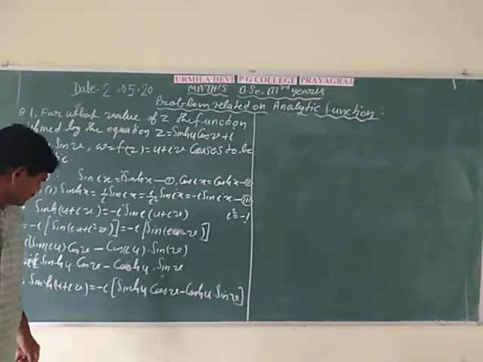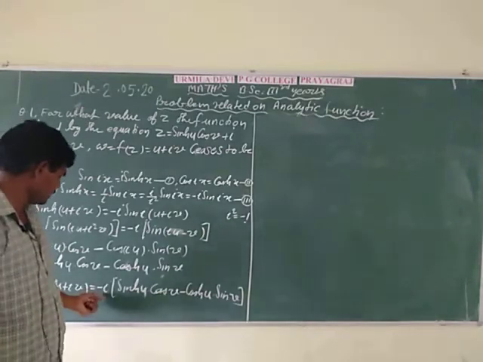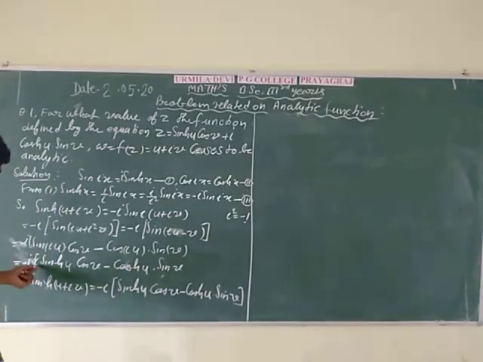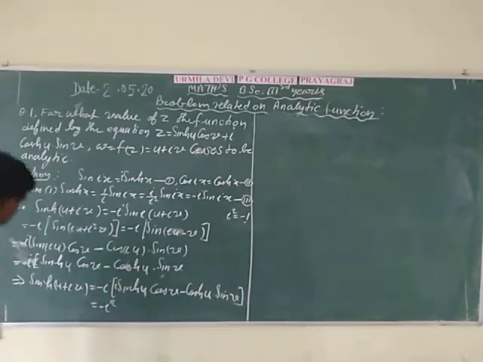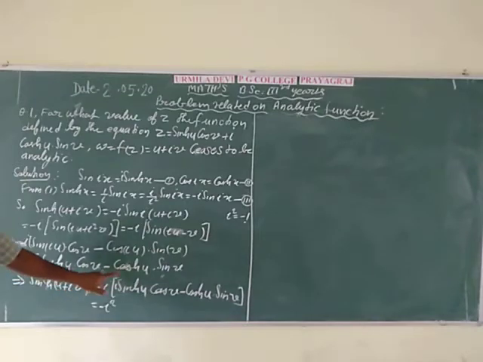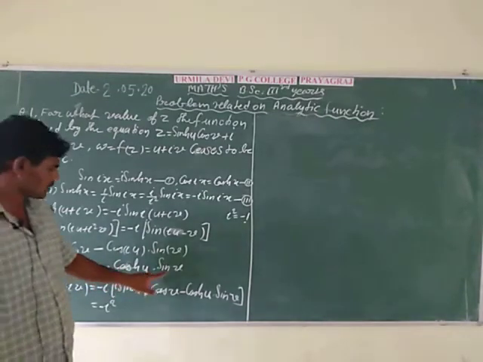In this formula, multiply by minus i, so i times minus i square, sin hyperbolic u into cos v minus cos hyperbolic u into sin v.